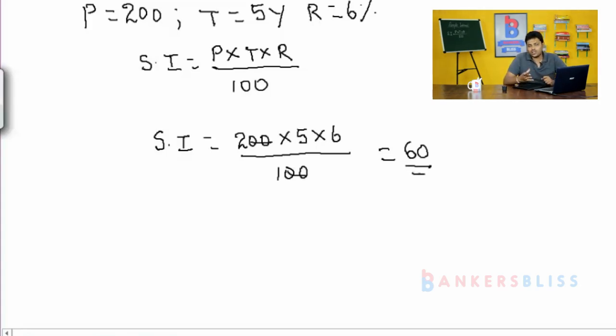You have one more technique, the shortcut technique, a concept through which you can save a lot of time. The concept says each and every year you have to calculate the 6% on the principal amount.